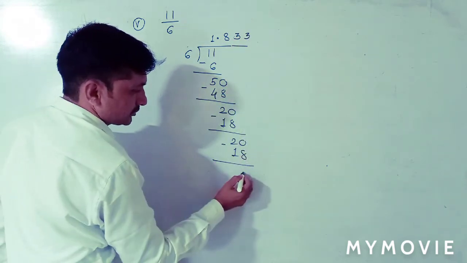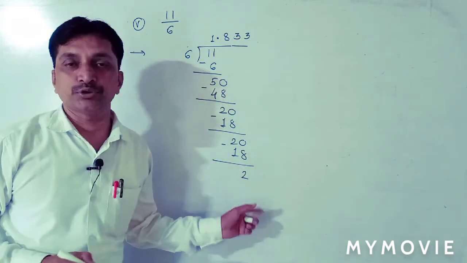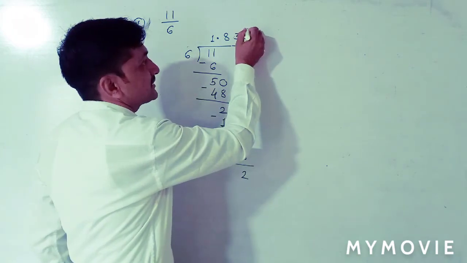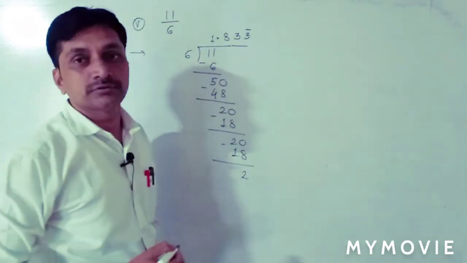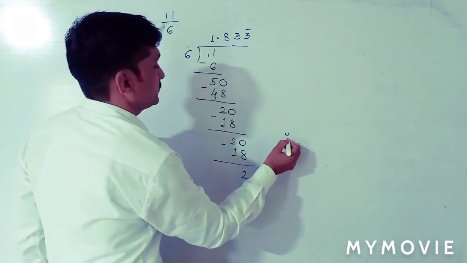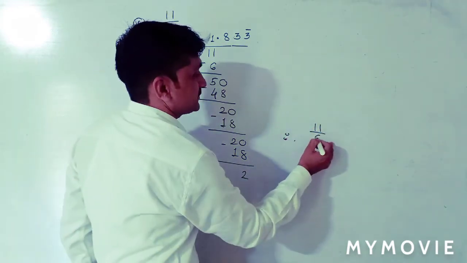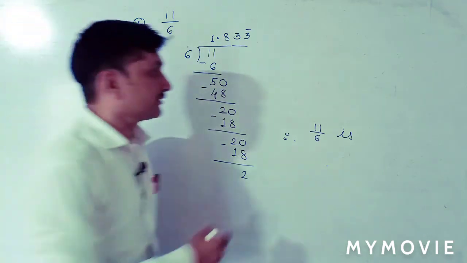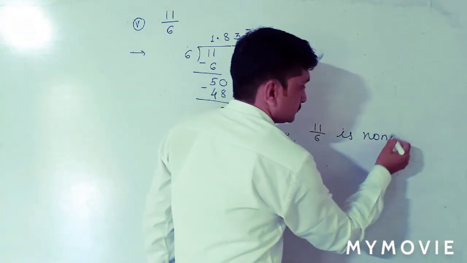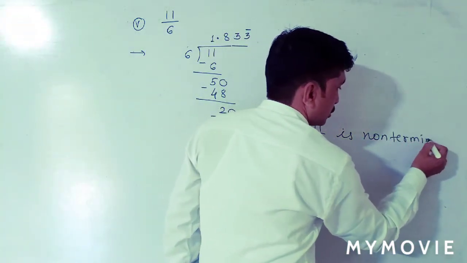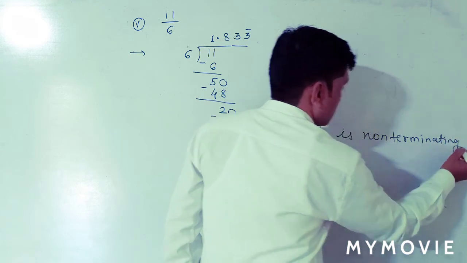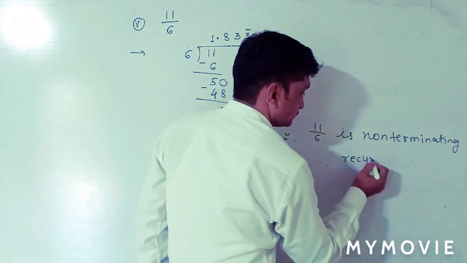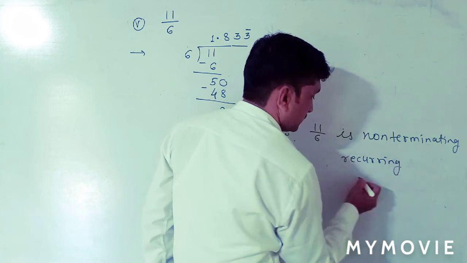Now see here, again 2 is repeating. Only one digit repeats, that is 3. Therefore 11/6 is non-terminating recurring. Non-terminating recurring rational number.